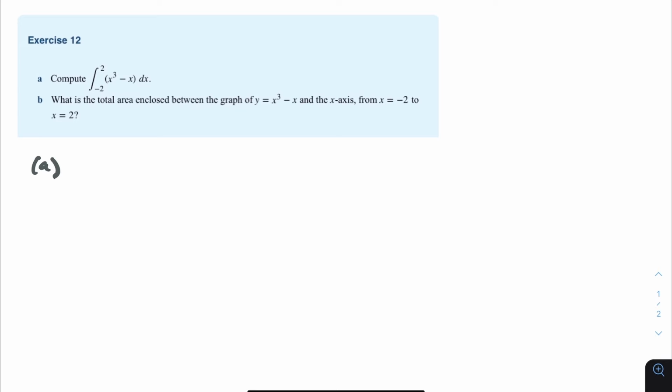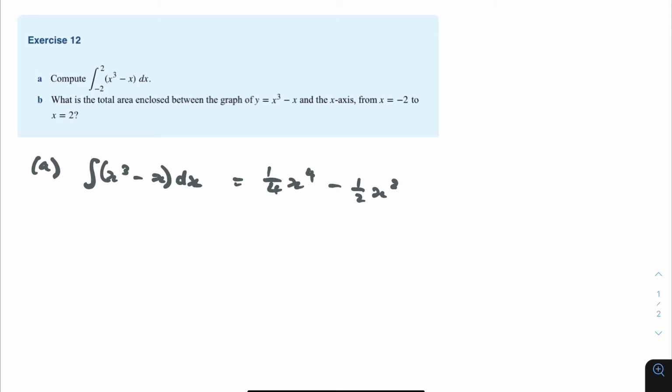Well, what we do is first integrate x cubed minus x dx, which gives us, oh, sorry, by the way, guys, whenever I miss dx, just remember to add it. I'm in a hurry, I kind of forget to add it, but you should always put it in. That gives us 1 over 4 x to the power 4 minus half x squared.